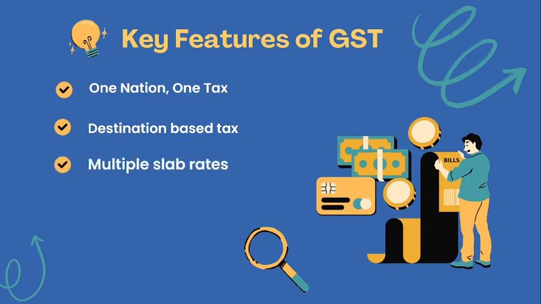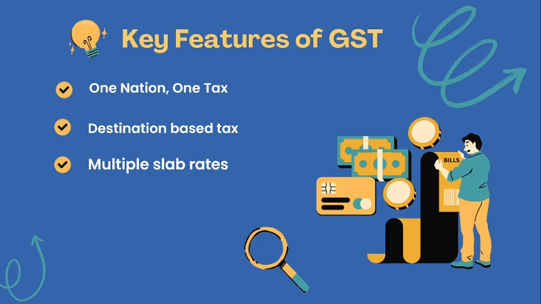Next is multiple slab rates. Under GST, India follows a multiple slab rate structure instead of a single uniform tax rate. This system was designed to keep essential goods affordable while ensuring higher taxes on luxury and non-essential items. For example, basic necessities such as milk, fruits, vegetables, and books are either exempt or taxed at 0%, while goods of common use like edible oil, medicines, and transport services fall under the 5% slab.